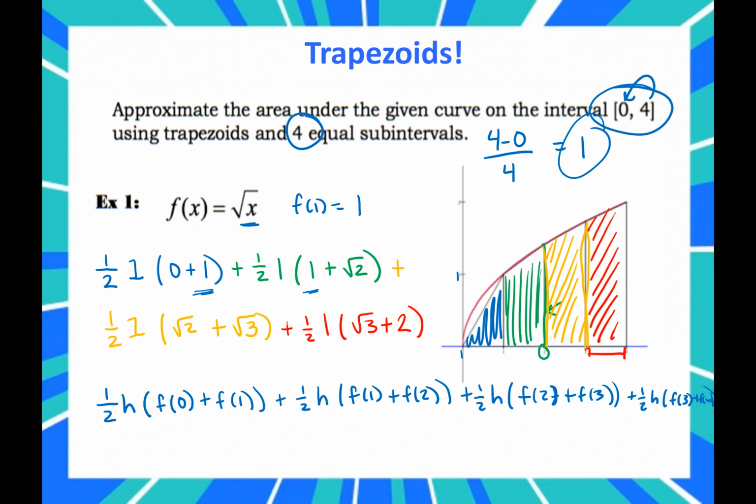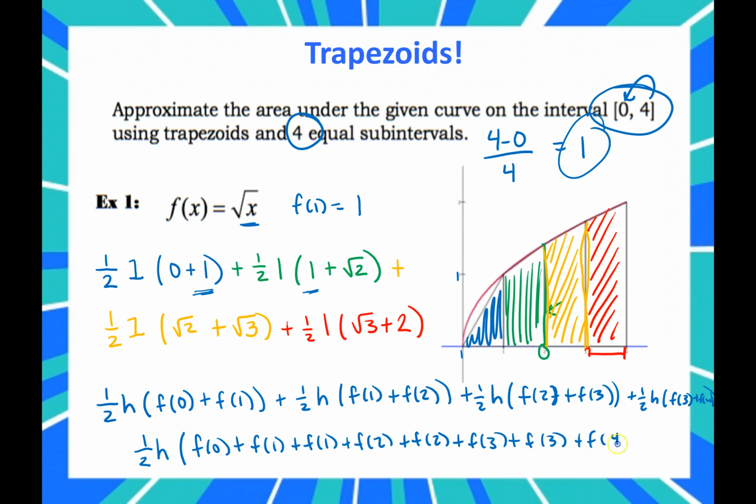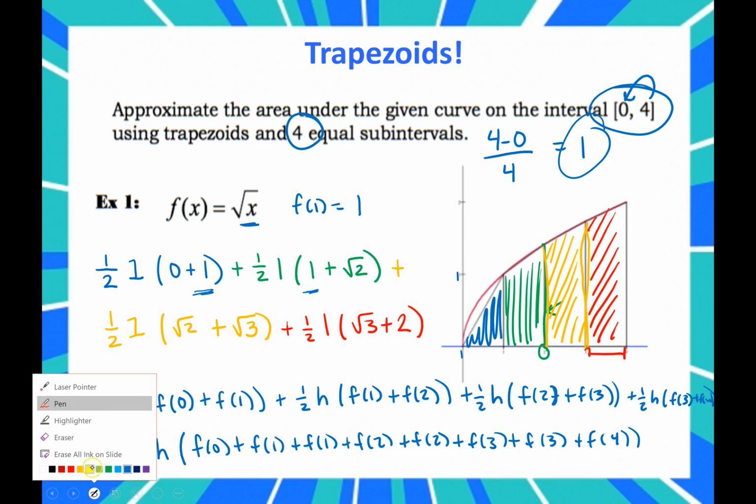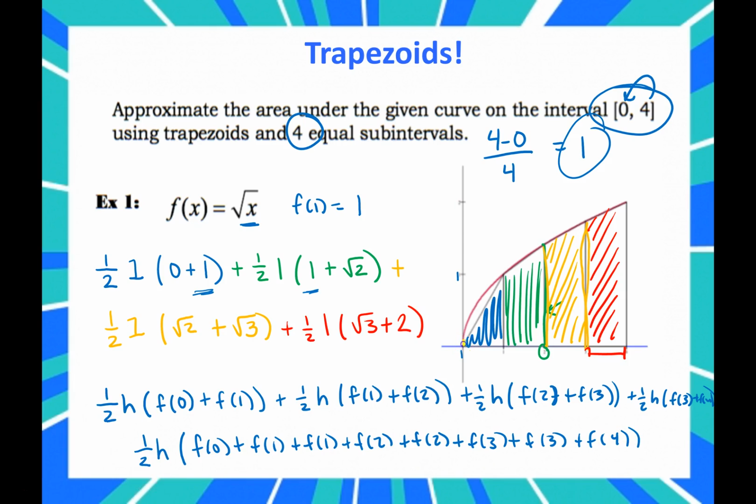Now, interestingly enough, notice how you've got 1/2 the height in every single one of these, so you could actually pull out 1/2 the height, and then in parentheses you could have f of 0 plus f of 1 plus f of 1 plus f of 2 plus f of 2 plus f of 3 plus f of 3 plus f of 4.